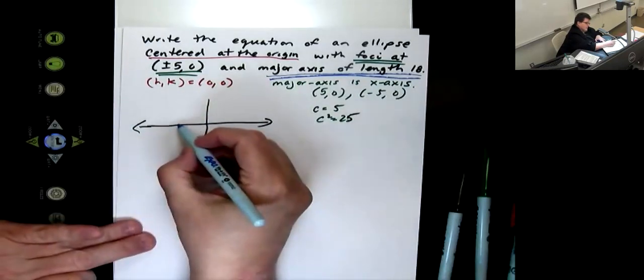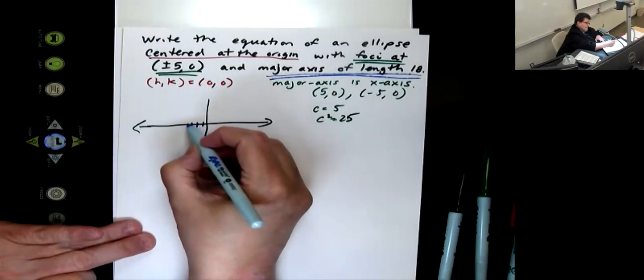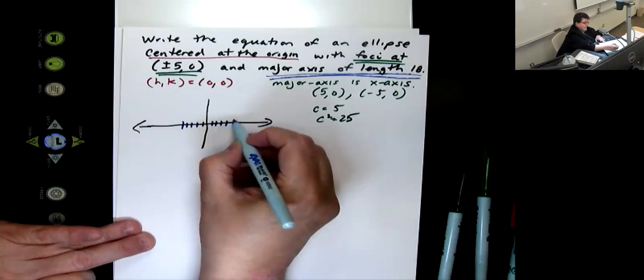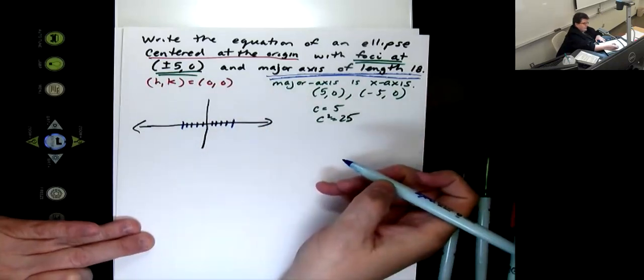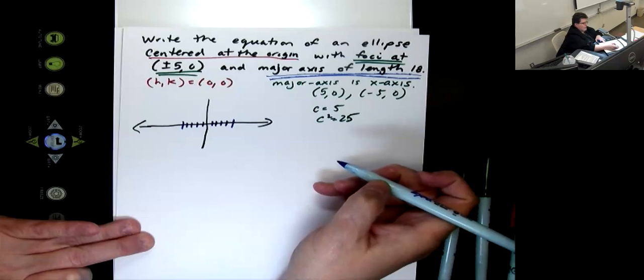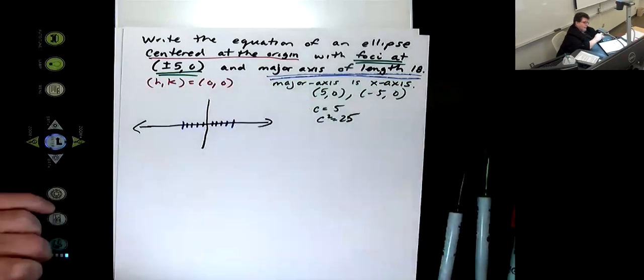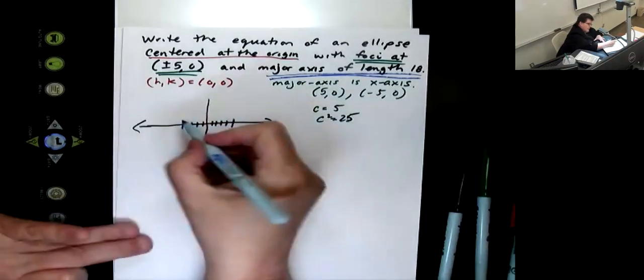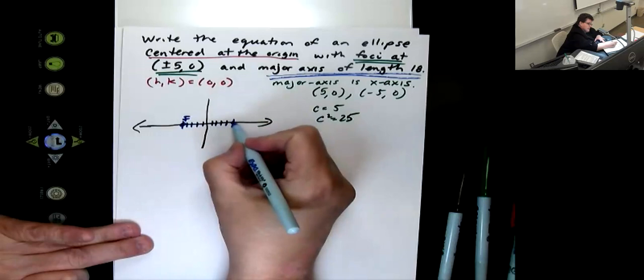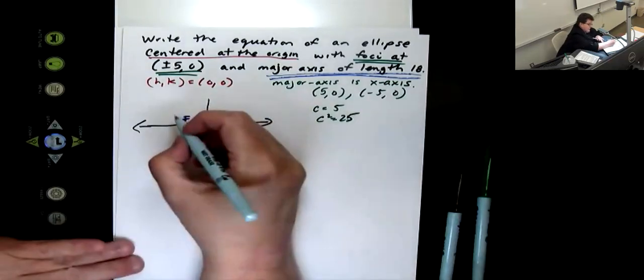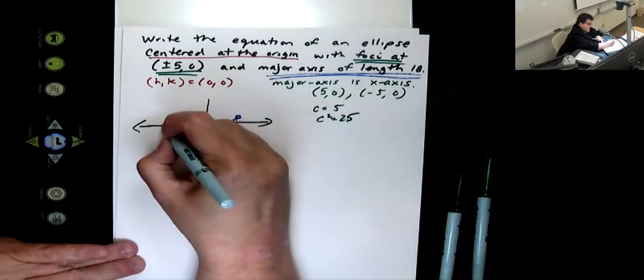So I should count them out: 5, 1, 2, 3, 4, 5. The major axis is split half and half going each direction, right? So past where our foci are, there should be another 4 steps to the edge, to our vertex.